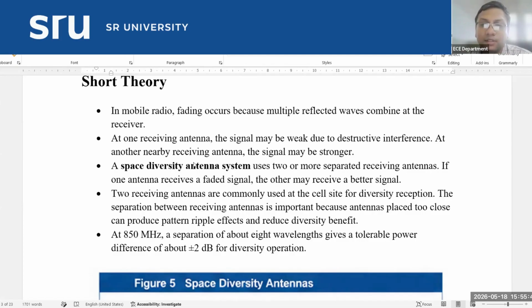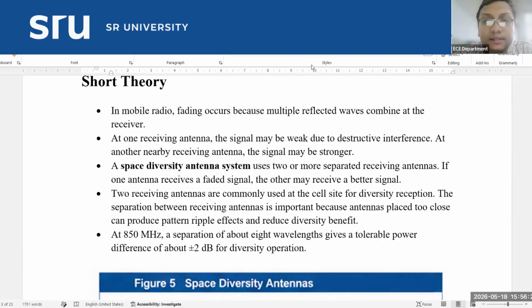Due to destructive interference, suppose I am standing at a place, and due to some buildings located outside my house, the destructive interference is happening in such a way that I am getting very low signal. One possible solution could be to change my position and try whether my signal strength gets better. But it might not be possible all the way.